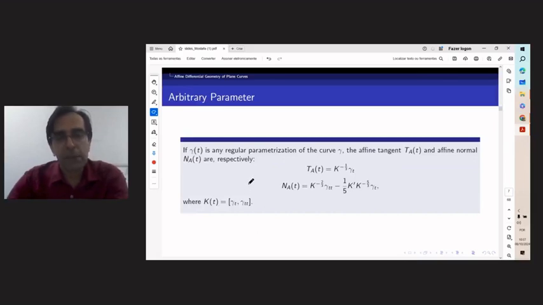But if gamma has an arbitrary parameter, then the affine tangent and affine normal have a slightly more complicated formula. Here capital K is the determinant of the first and second derivative of gamma with respect to the parameter t.